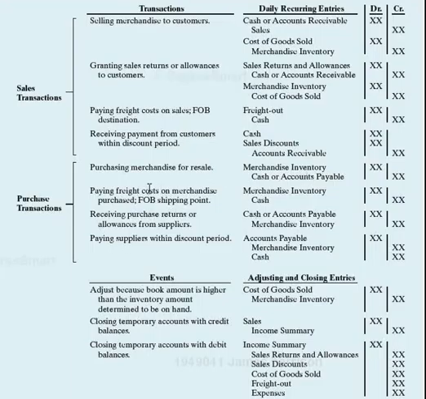If they pay freight costs on merchandise, FOB shipping point, then I debit the merchandise inventory and credit cash. Receiving purchase returns or allowances from suppliers, they get their money back, or they reduce their liability. They no longer owe their wholesaler this because they're returning it, and they can credit merchandise inventory.